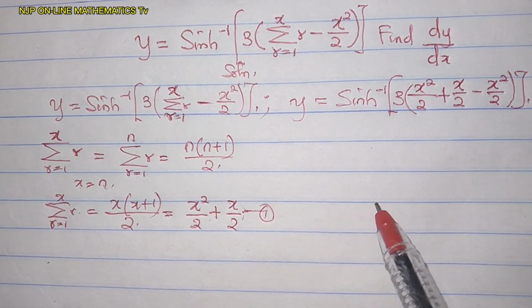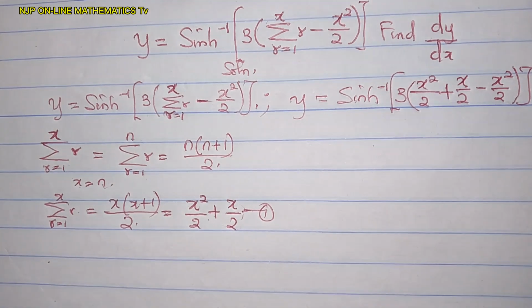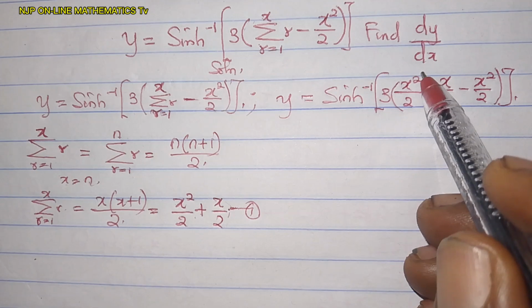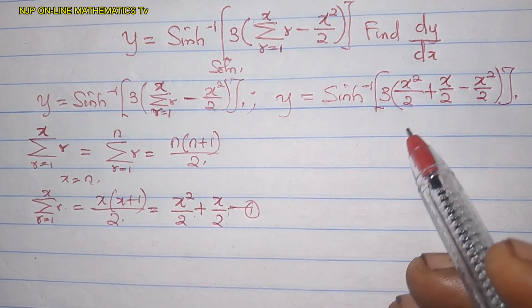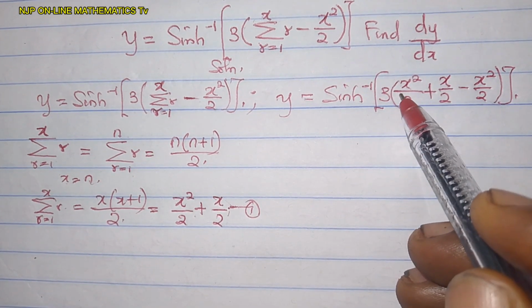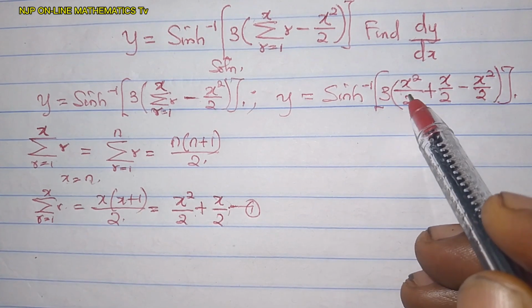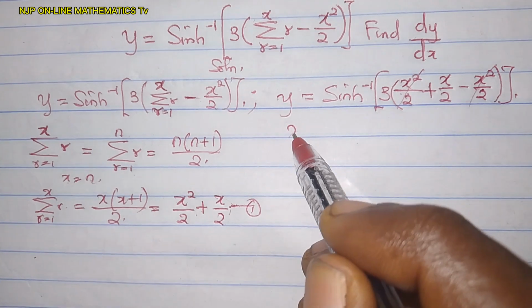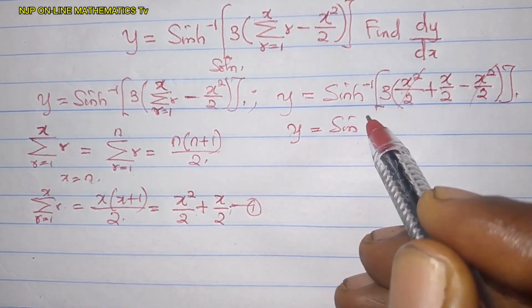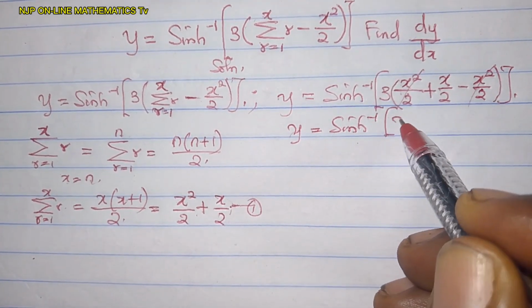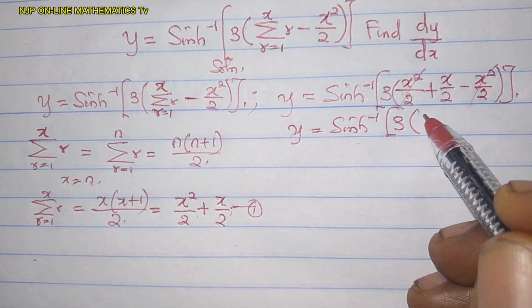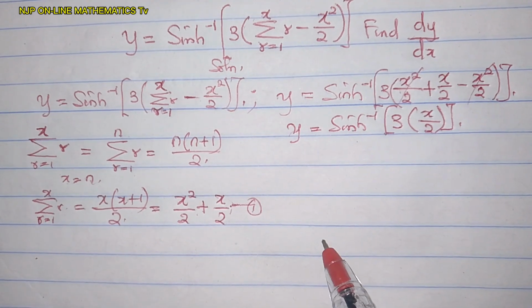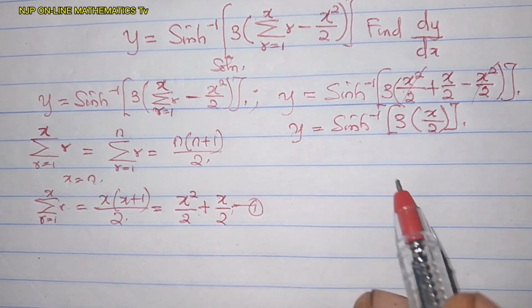So we can see that this and this are common, and since they are the same and one is subtracted from the other, we have that y equals the sine inverse of 3 all multiplying x divided by 2 as the angle for the sine inverse.